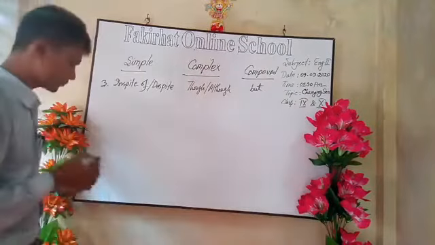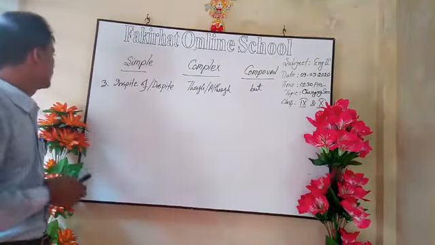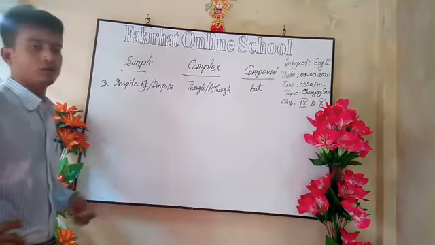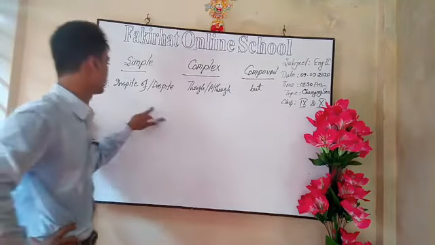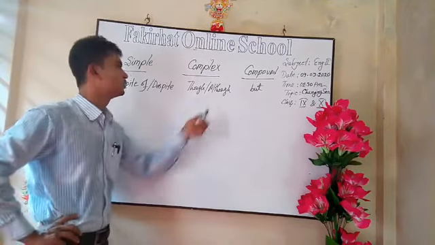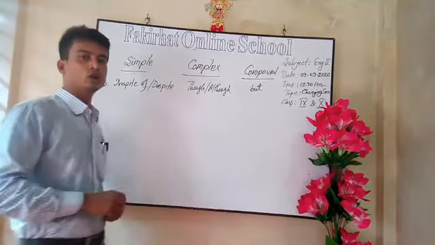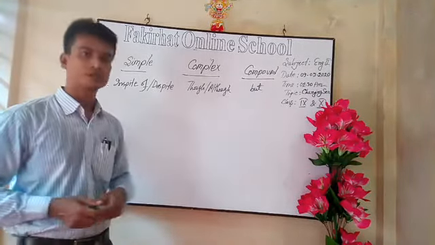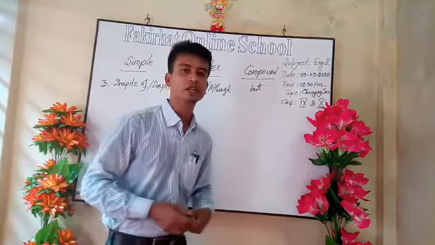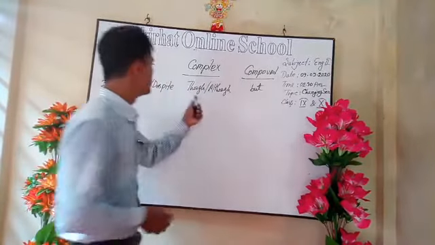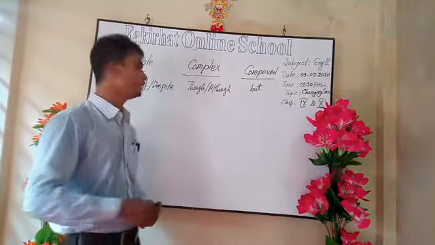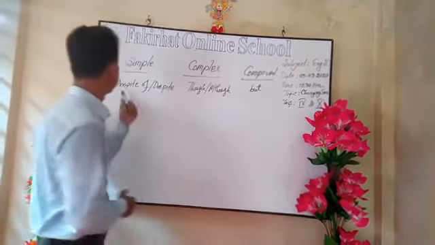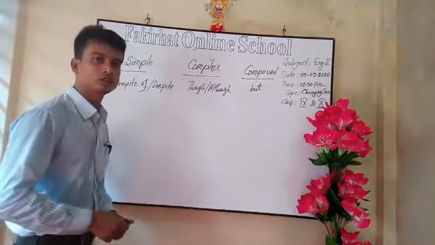Okay, please look at the blackboard. Here, in spite of or despite, though, although, and but. I hope you know the meaning of all these words. But the Bengali meaning: kintu, though, although; the Bengali meaning jodio, in spite of or despite satteo.